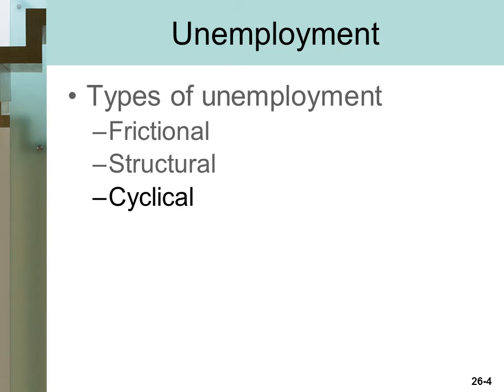So if the economy is experiencing cyclical unemployment, then we are in a recession, right? And this is the most serious type of unemployment because oftentimes if cyclical unemployment is present, it means that the federal government would institute what's called fiscal policy, or the Federal Reserve, which carries out what's called monetary policy.